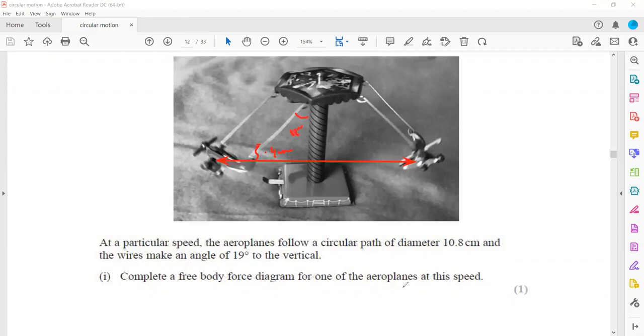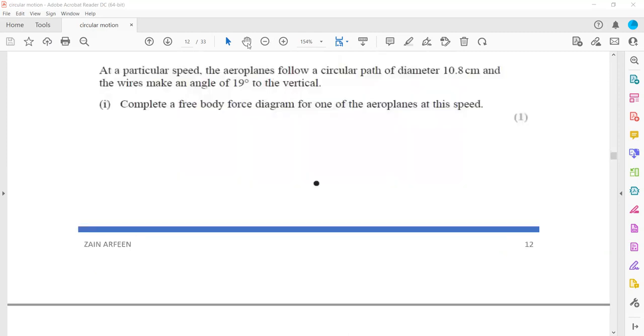We have to complete a free body force diagram for one of the airplanes. It's a similar question to the previous one. So weight is acting downward. When we draw the free body force diagram, the weight will act downward.